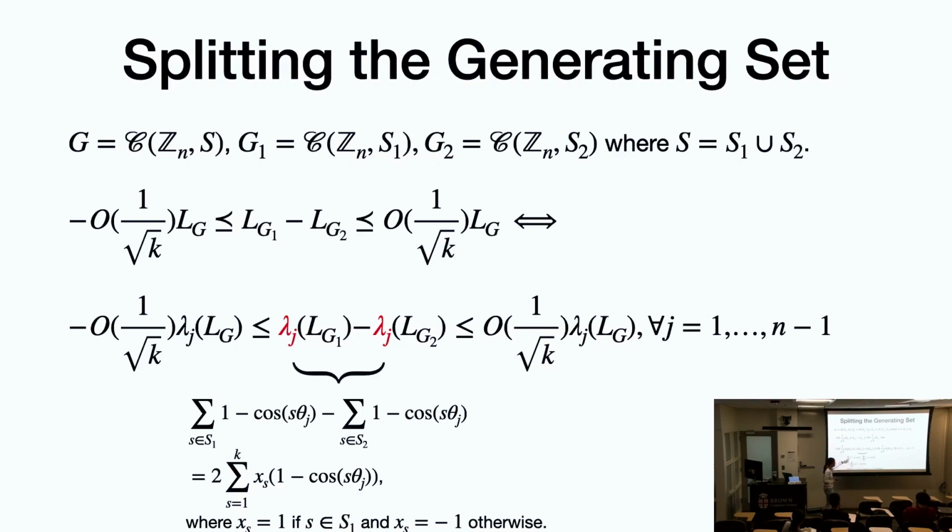And then I can write this as 2 times the sum of xs times 1 minus cosine S theta j over S from 1 to k. Okay. This one also has the explicit form, which is 2 times the sum of 1 minus cosine S theta j over S from 1 to k. So this actually equals this number with every xs being 1.